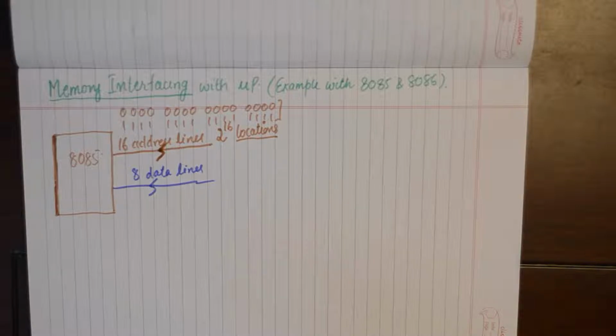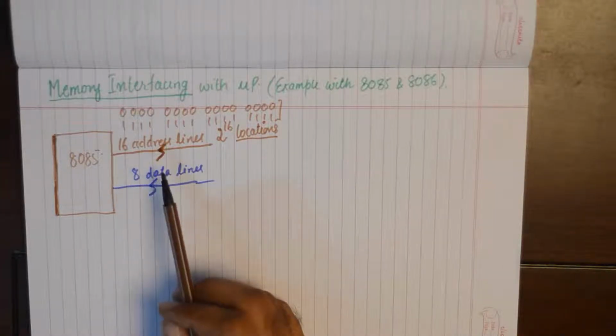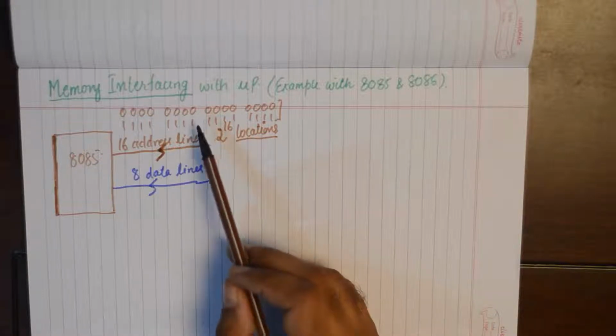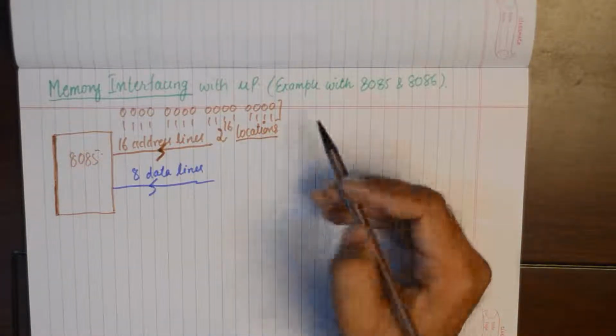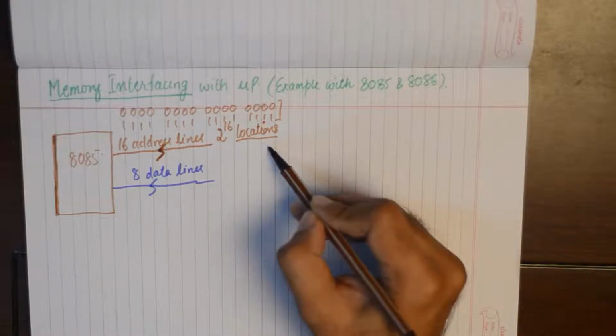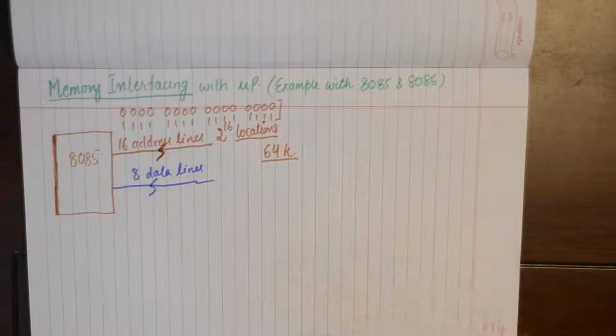So if you remember from the previous tutorials, this microprocessor is capable of addressing a memory whose address can be 16-bit long, or in other words, a memory which is 64K in size in terms of locations.